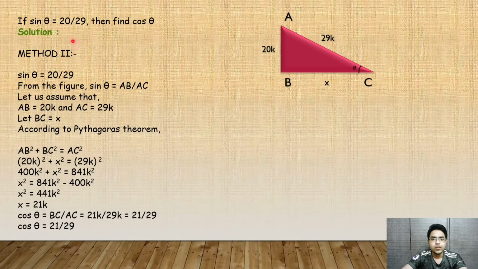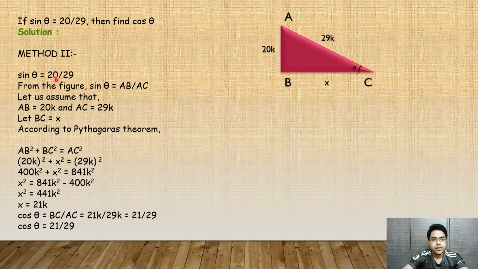Here we know the formula of sine, that is sine theta is equal to opposite upon hypotenuse. As sine theta is equal to 20 upon 29, the ratio will be 20k to 29k. The k term will be constant, and the x, that is BC, we have to calculate.